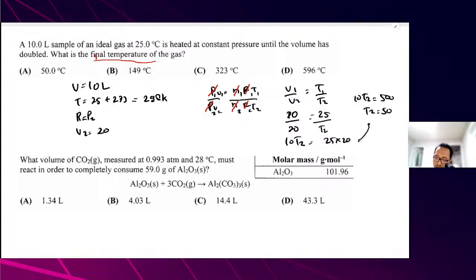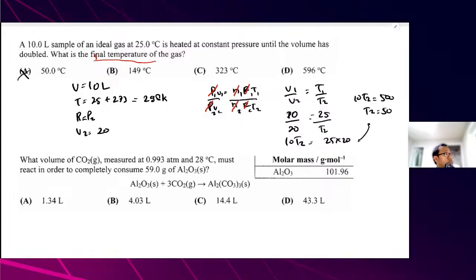Just remember, the option is in degrees Celsius, so still in degrees Celsius, not in Kelvin. So the answer should be A, right?